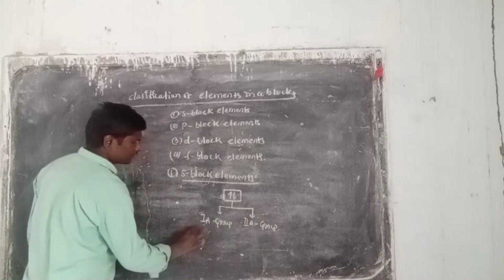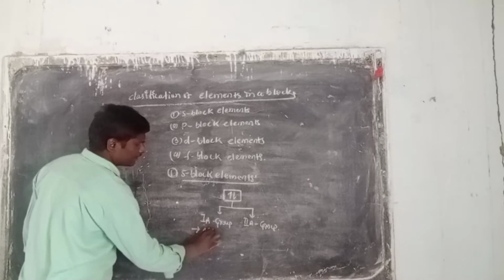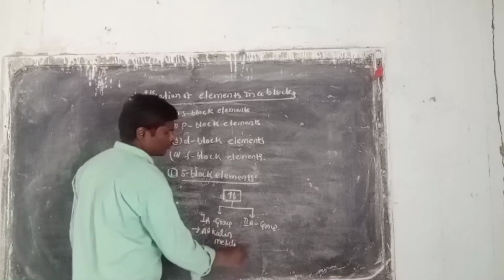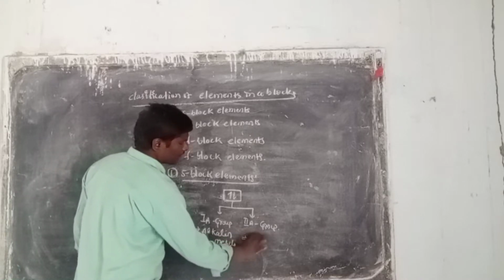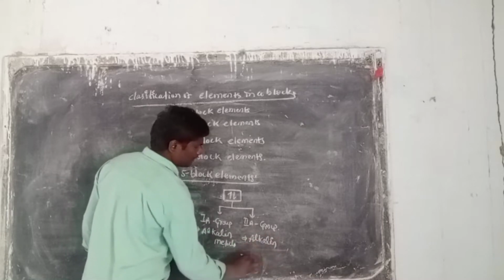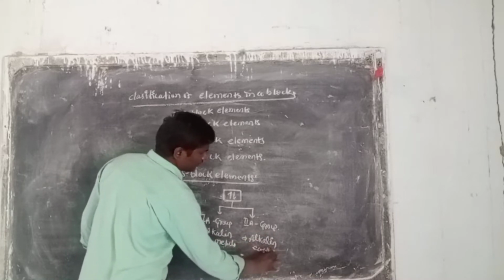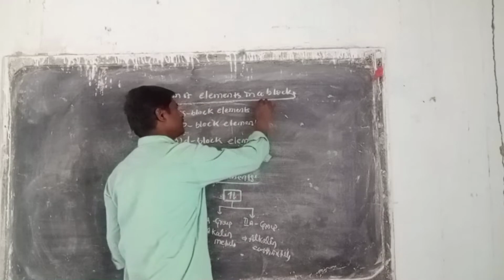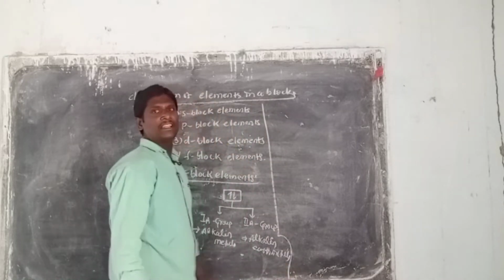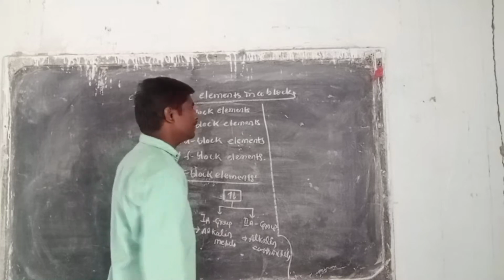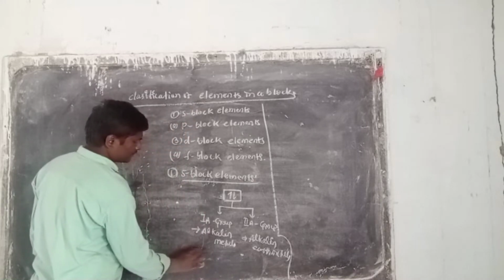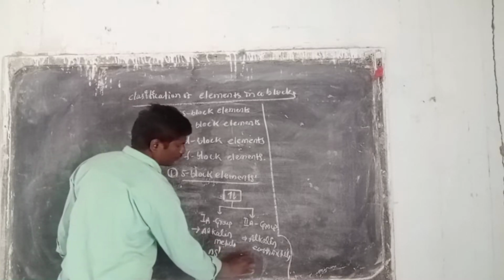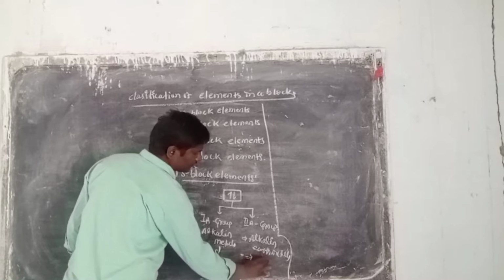First A group elements are called alkaline metals, and second A group elements are called alkaline earth metals. The electronic configuration of first A group elements is ns1, and of second A group elements is ns2.